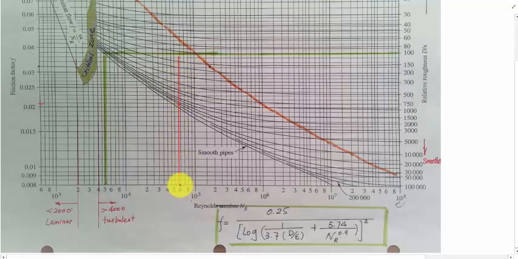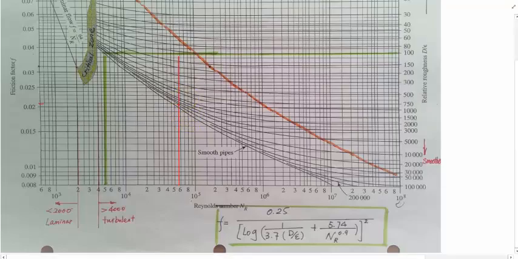And now from there, we need to find out that D over epsilon, that is 8,400. 8,400 is in between 5,000 and 10,000. So you see this one has to be something in between these two curves. So I'm going to go through here and find where it crosses this red line, the Reynolds number we just read, and the two curves getting really close to each other.